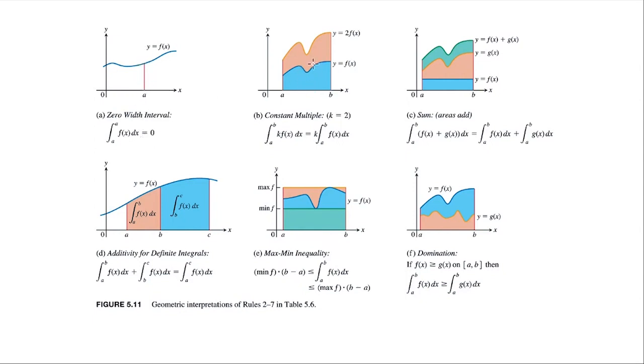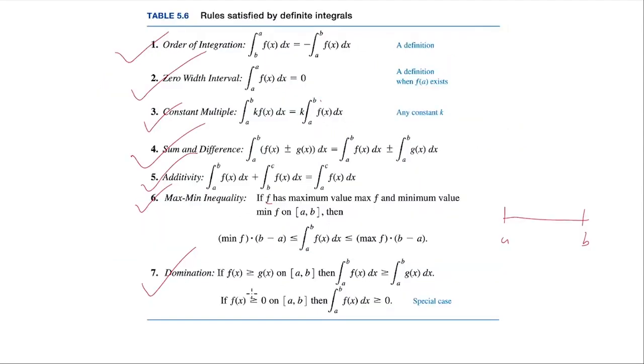This is integration of k times f of x. In this case k is 2, so the integration of 2 times f of x is actually, you can just multiply the integration of f of x by 2 and you will get the same result. So these are just geometrical interpretations of the rules we have here.